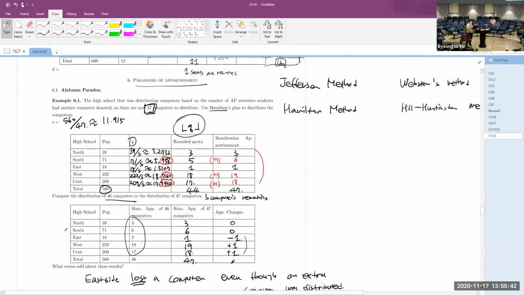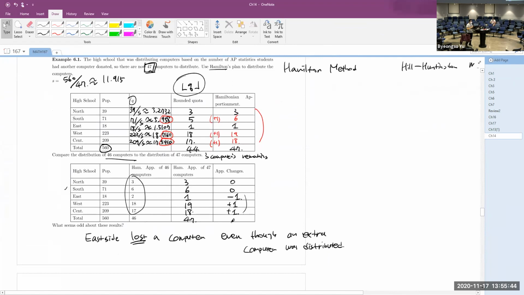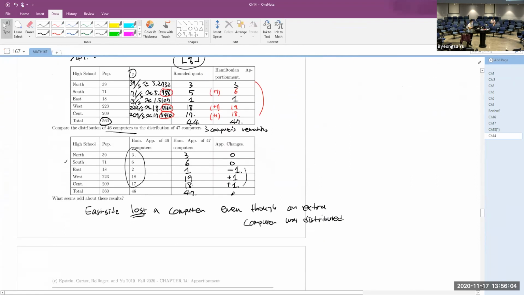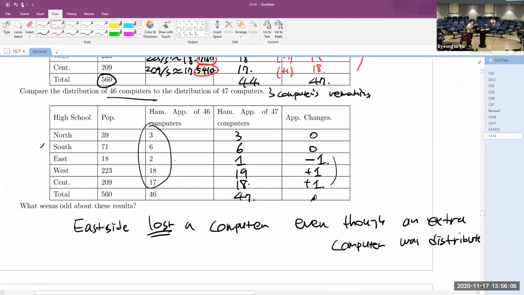The Alabama paradox means that even if there is a house size increase, some of the states lose a seat. In example 6.1, the size of the computers increases from 46 to 47, but what each college will get as computers drops from 2 to 1, right? Even if the house size itself goes up, right?